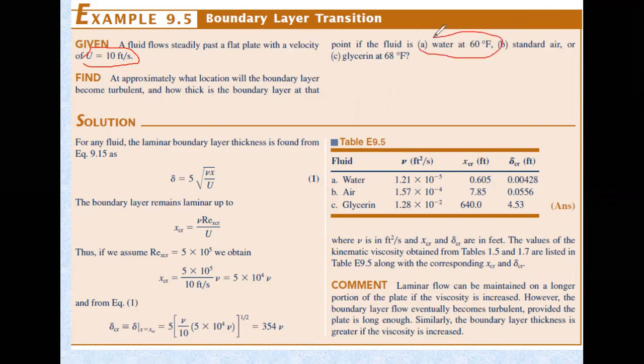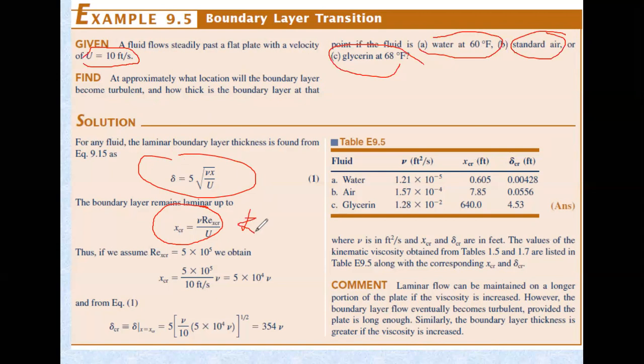If the fluid is water, or glycerin, or standard air, each will have a different viscosity. According to the Blasius solution, the boundary layer remains laminar up to this point. This is from the definition of Rx critical, which is equal to 5 times 10 to the power of 5.